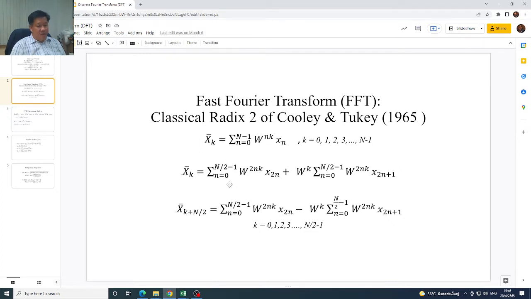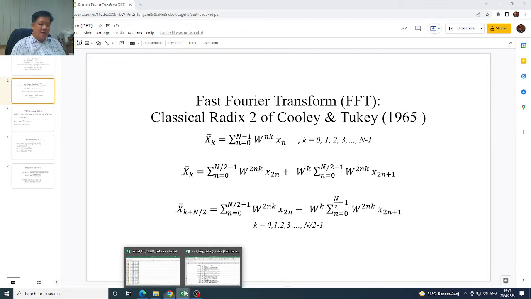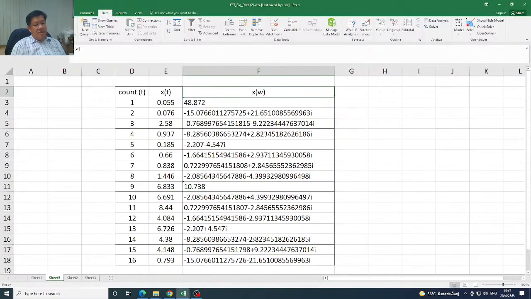If you keep decomposing term after term, you have to make sure that the total number, capital N, is in the form of a power of 2, 2 to the exponent of some integer value. That's the first restriction to use Fourier analysis.